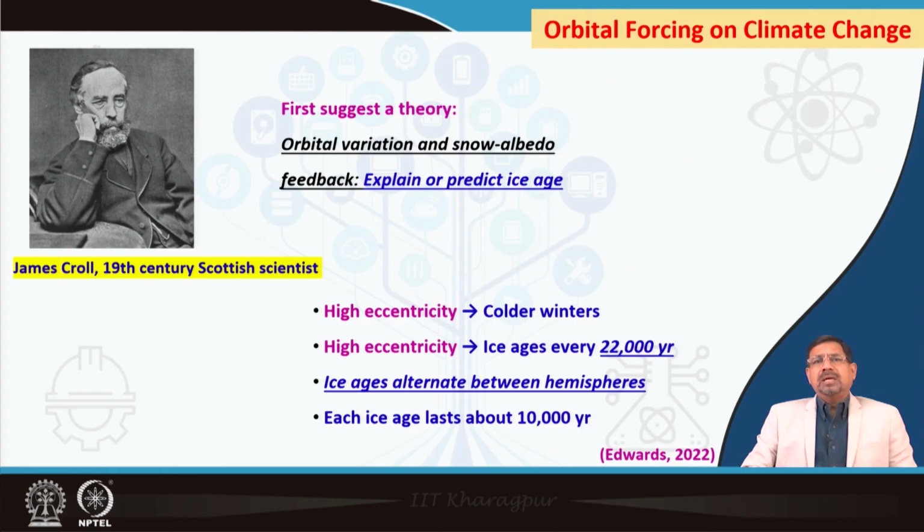High eccentricity also explains the ice ages, probably at 22,000 year epochs or intervals. So, ice ages alternate between hemispheres. Each ice age lasts about 10,000 years. This has been reported by Edwards in his publication in 2022, and this is a very important clue, an indication the Scottish scientist James Croll gave in the 19th century.